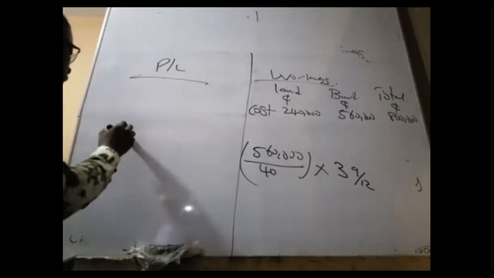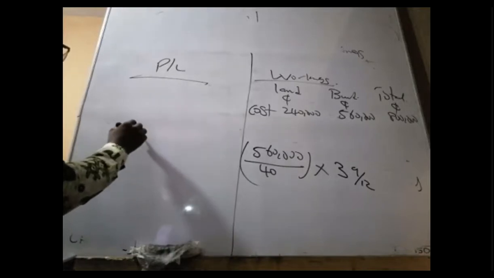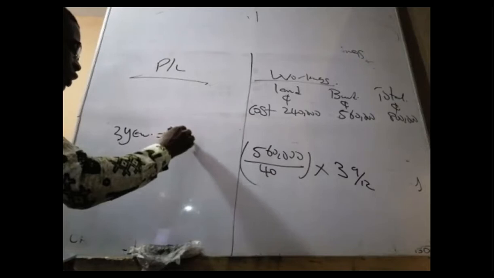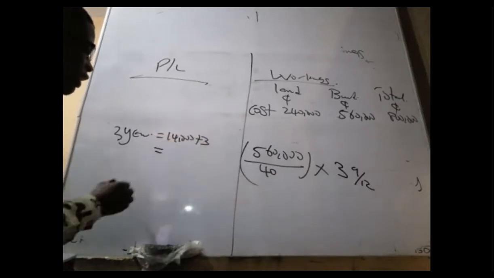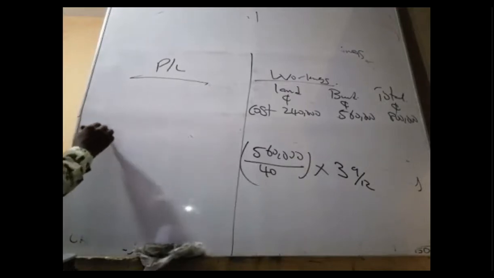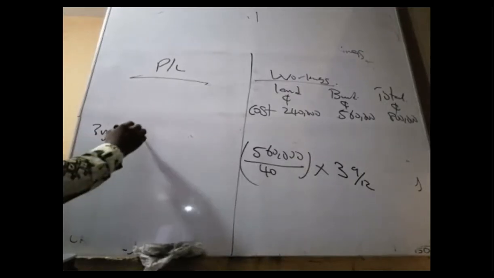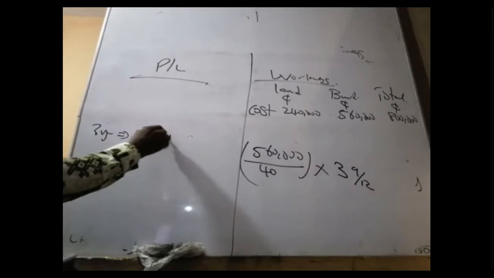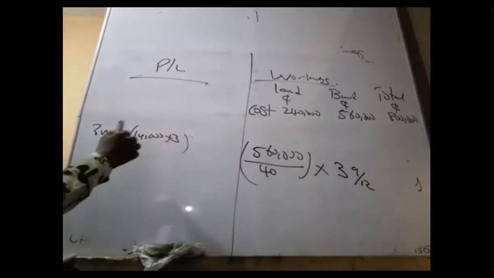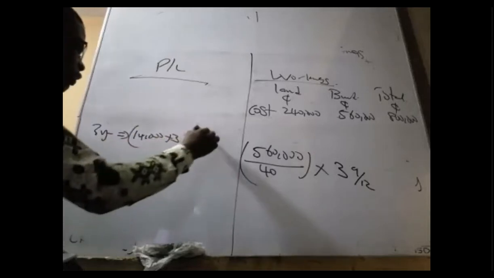That's 14,000. That means depreciation for a year is 14,000. Then 3 years of accumulated depreciation will be 14,000 times 3, which gives us 42,000, right?